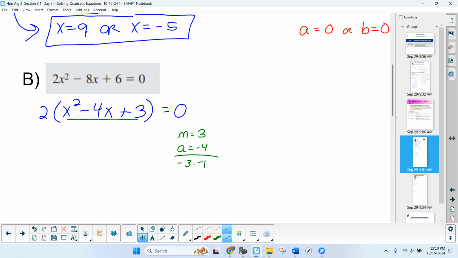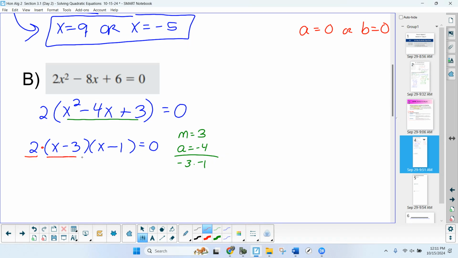So how do you factor this? You got this 2 on the outside, and then what do you have left? x minus 3 and x minus 1. Everybody else okay? All right, so now, here's the thing with this one. Some of you guys are like, I don't know what to do with that 2.